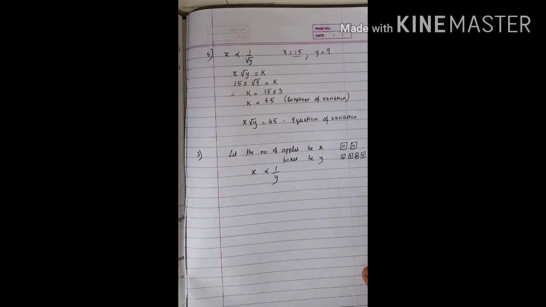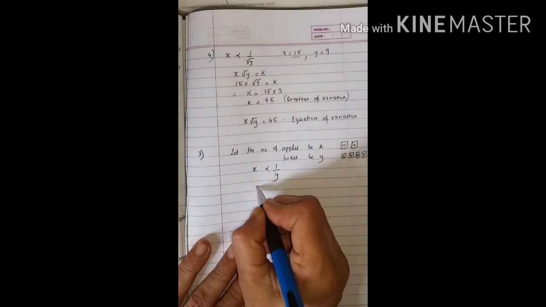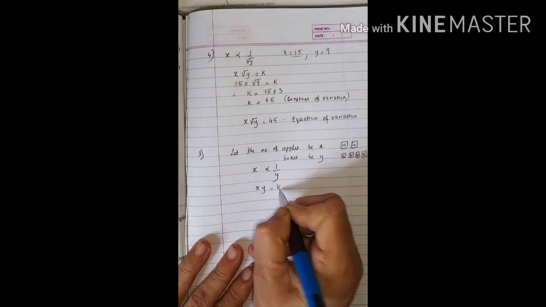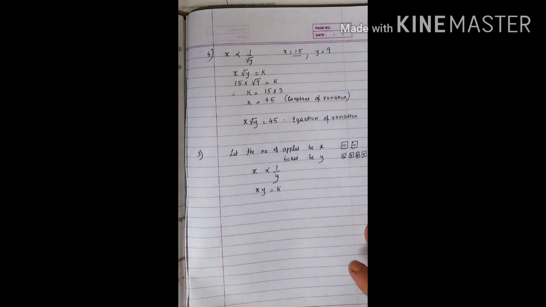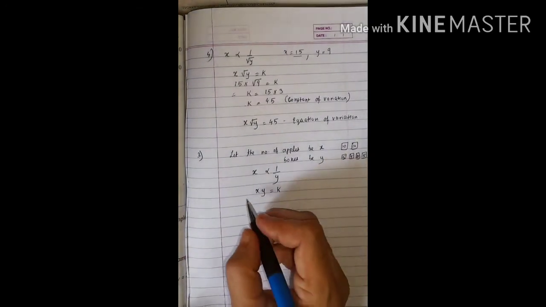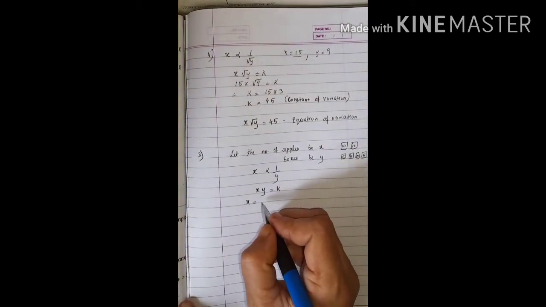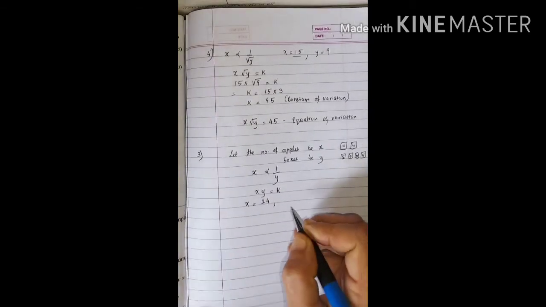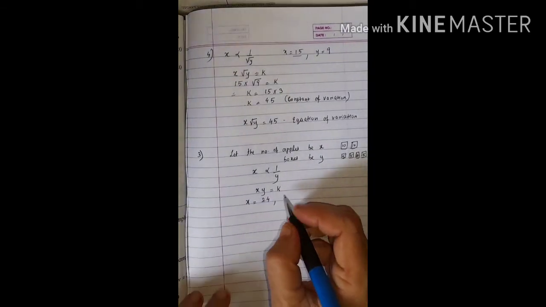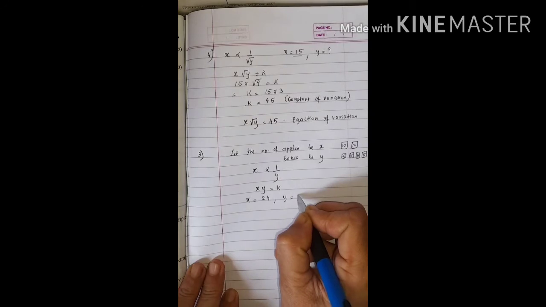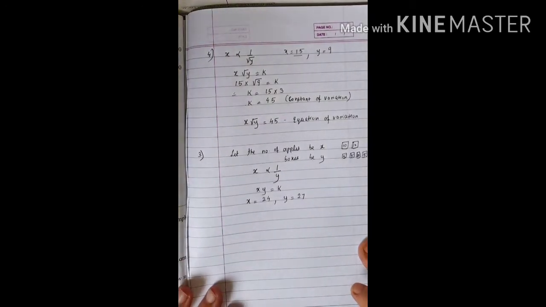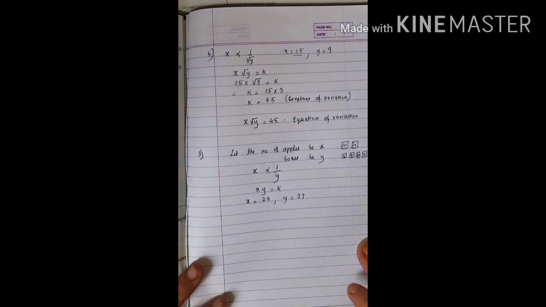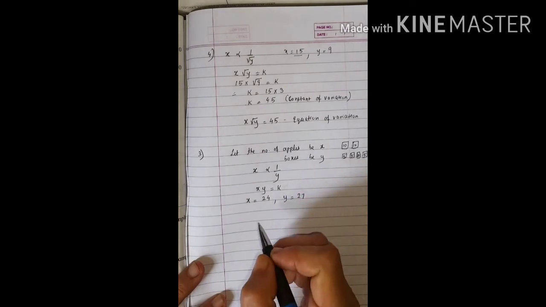Here, the first condition they have given. So we have x into y is equal to k, which is constant. First they have given that there are 24 apples, so I write x is equal to 24, and they are put in 27 boxes, so I write y is equal to 27. Let us find the constant of variation.